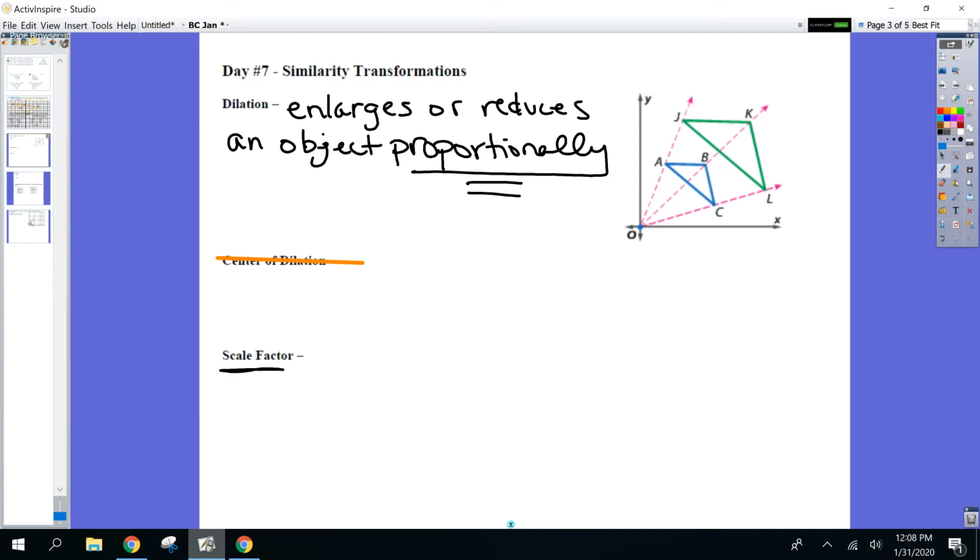Let me give you an example. Scale factor of two objects is 1/2. Well, what's the 1 and the 2 then?